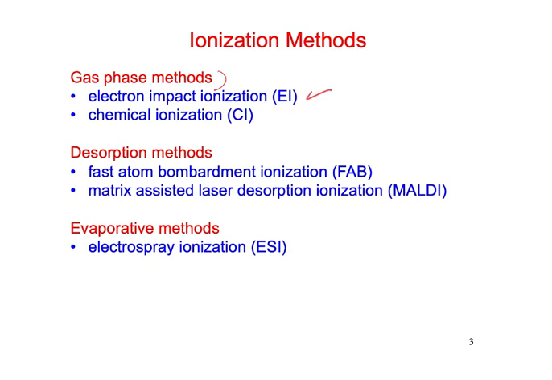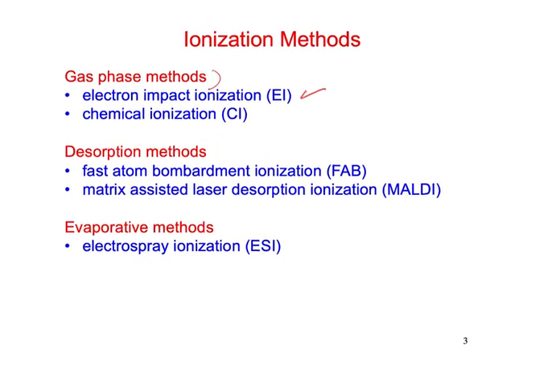And in this method, it's still gas phase, but we are going to desire intermolecular reactions because the ionization is going to take place through a reaction like that. In fact, most of these are going to have some kind of intermolecular reactions. And is it because we don't have vacuum or we have vacuum here? In these other methods, like chemical ionization, we're going to have more of a partial positive pressure. Right? So really, I think it's only the electron impact where we have a high vacuum, at least in the ionization chamber.